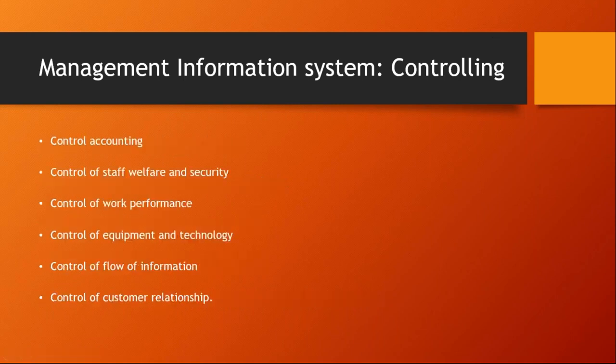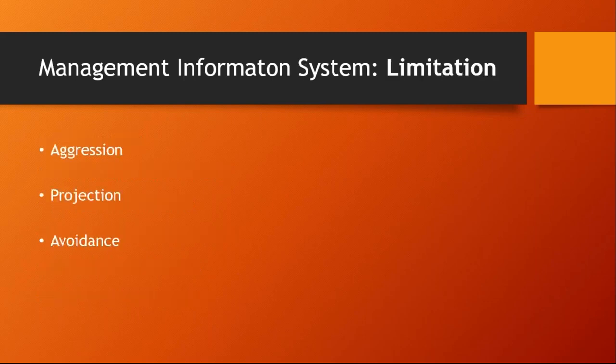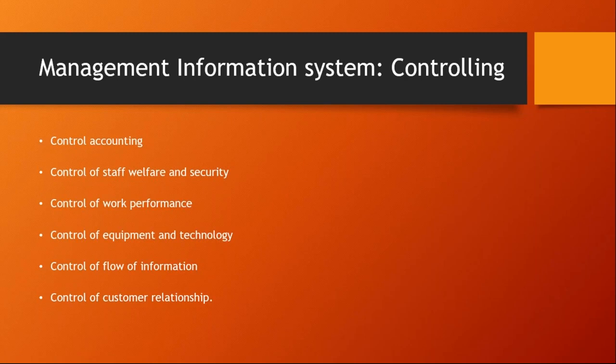There are even more: in accounting, staff welfare and security, work performance, control of equipment and technology, control of flow of information, control of customer relationship. So these are the various aspects of an organization where you need control.